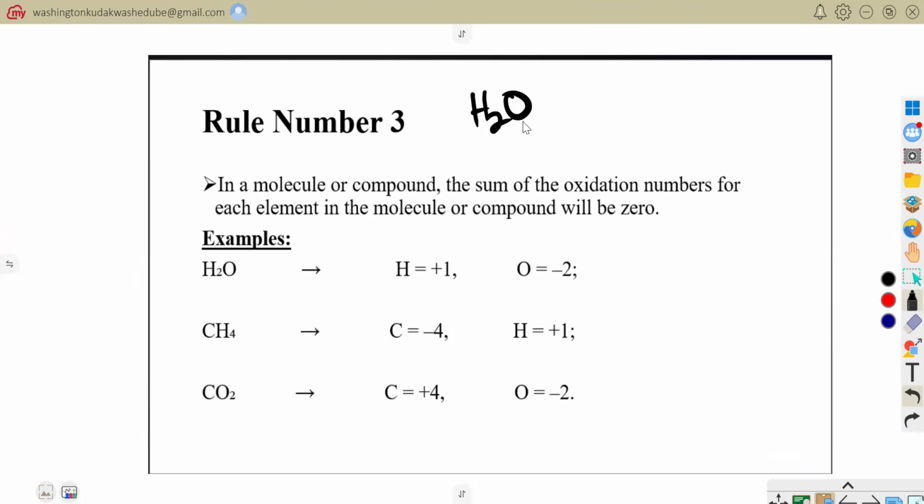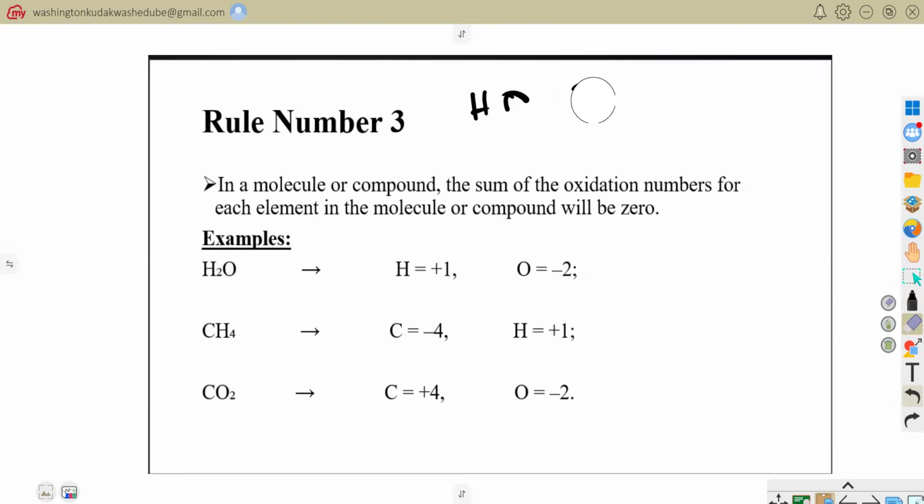Rule number 3 is now saying that water is also a molecule, so its oxidation number has to be 0, meaning the sum of oxidation numbers for each atom has to account to 0. The oxidation number for hydrogen plus the oxidation number for oxygen has to be equal to 0.